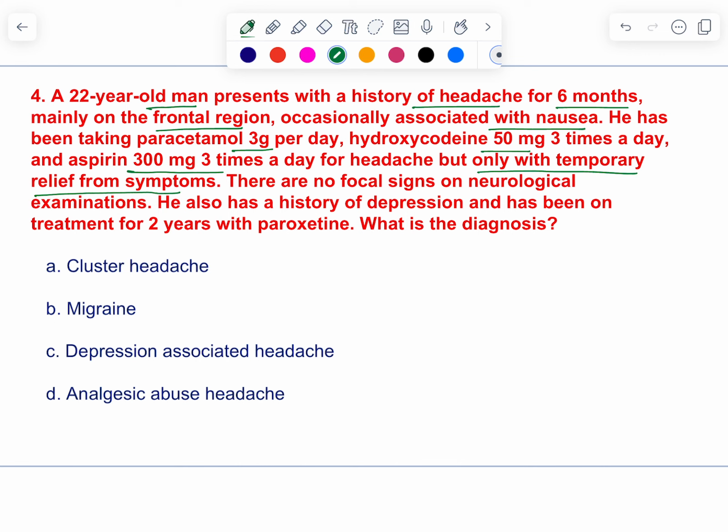There are no focal signs on neurological examination. He also has history of depression and has been on treatment for 2 years with paroxetine. What is the diagnosis? Cluster headache, migraine, depression associated headache, analgesic abuse headache.